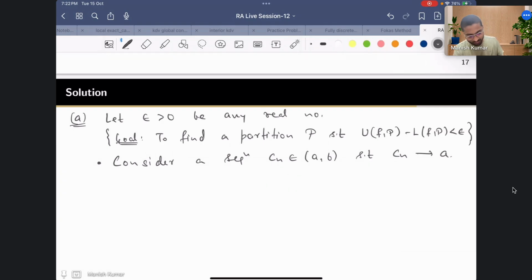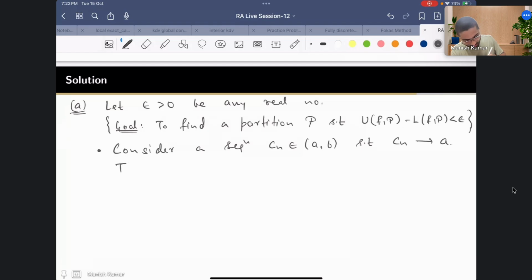Then there exists a capital N such that |Cn minus A| is less than, so I'll have to choose what this epsilon is, so I'll just leave this gap. It is less than whatever we want, right?